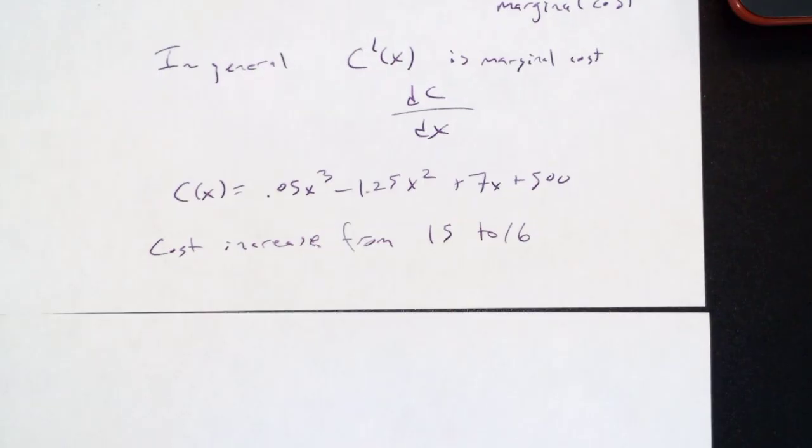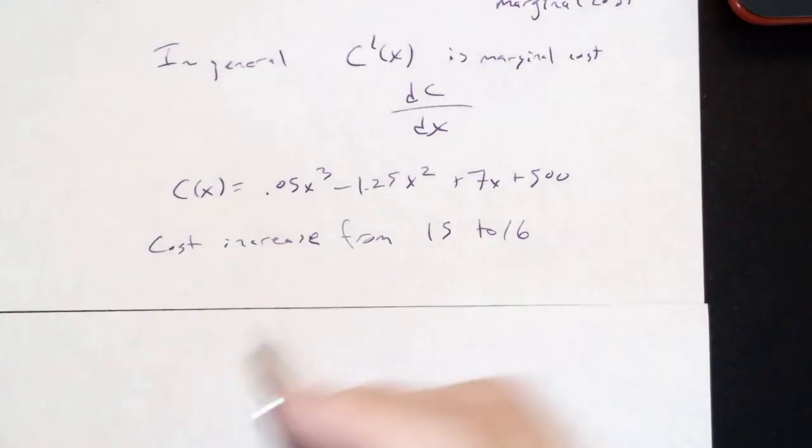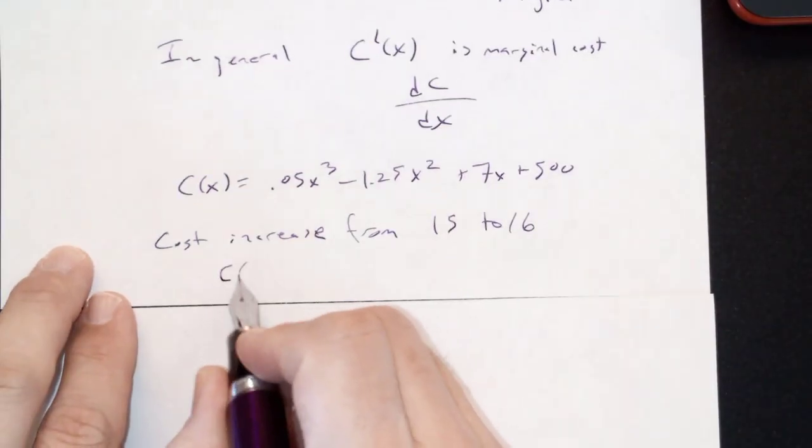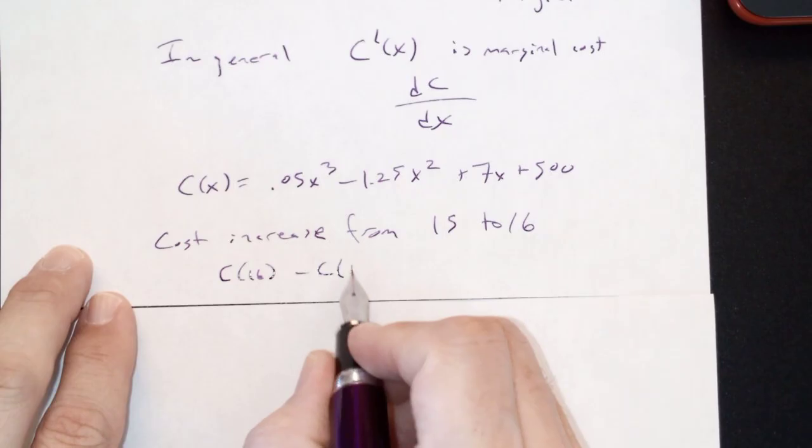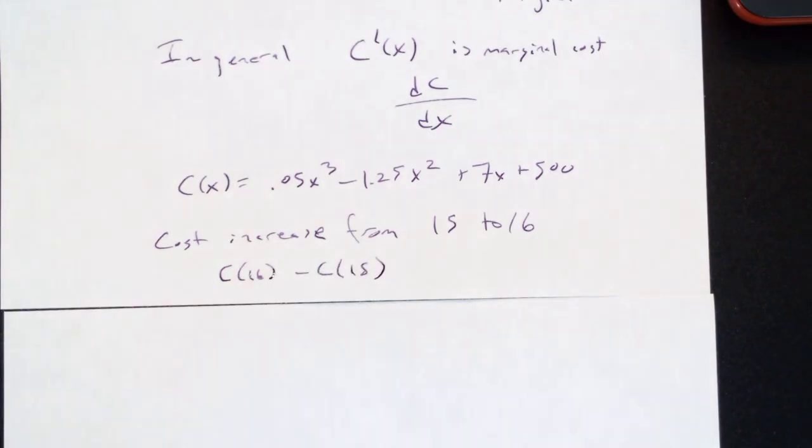So I go to my accounts and I say, how much is it going to cost me to move from 15 units to 16 units per production run? Well, I can give you an exact value. I can say the exact value would be C of 16 minus C of 15, right? Grab your calculators. Let's find out what this cost is.